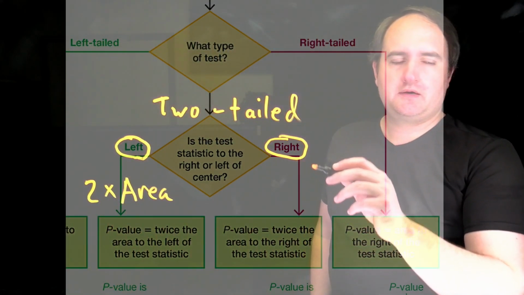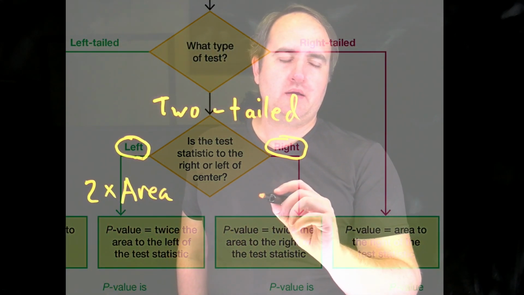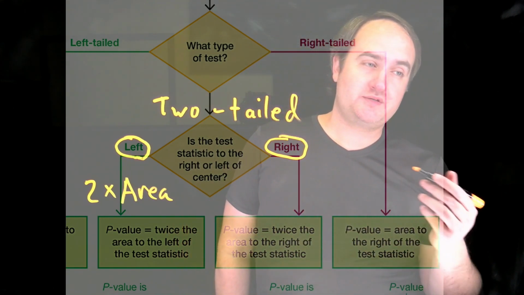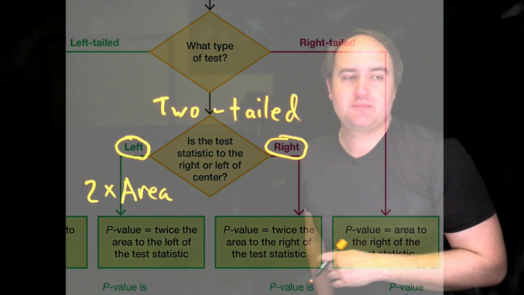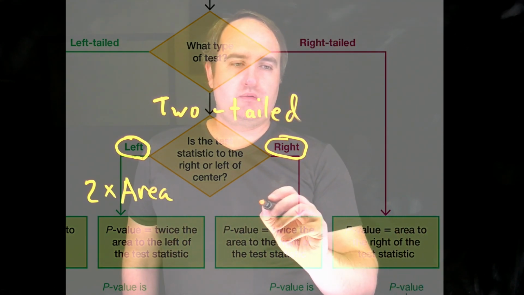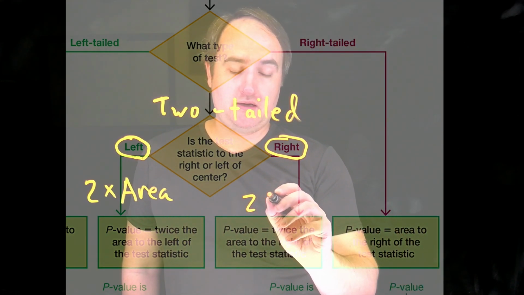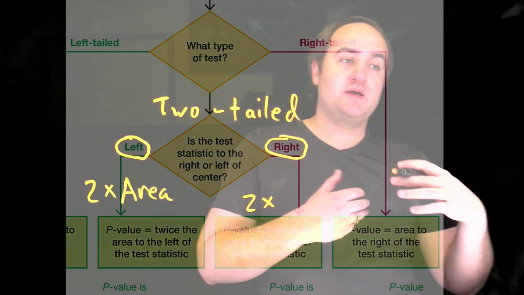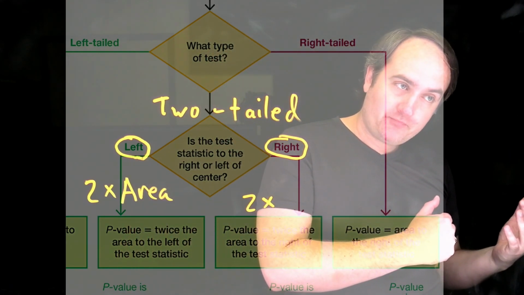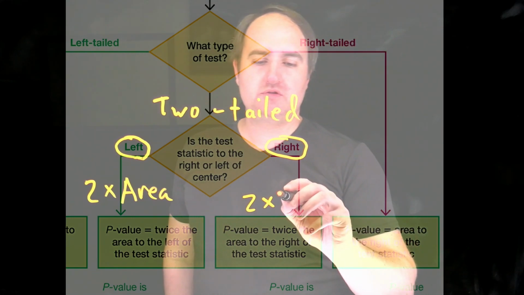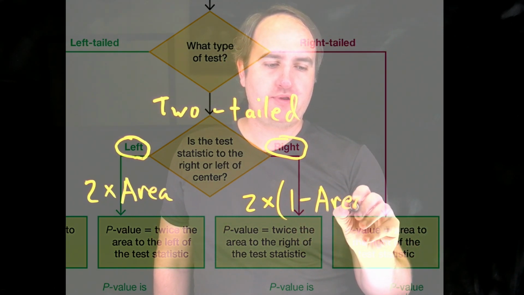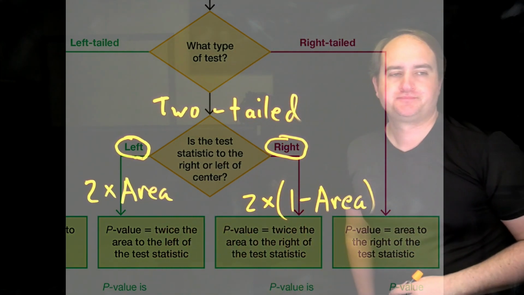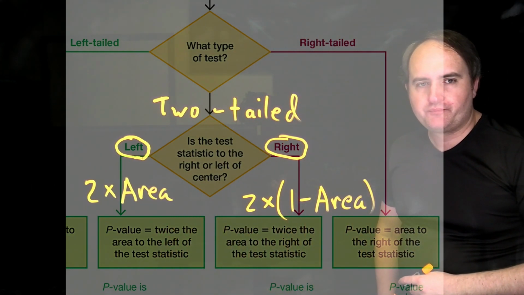So all we have to do here is, because it's 2 times the area to the right, remember that the area to the right is 1 minus the area in table A2. So it's going to be 2 times the area to the right, which is 2 times parentheses 1 minus the area in table A2. Okay?